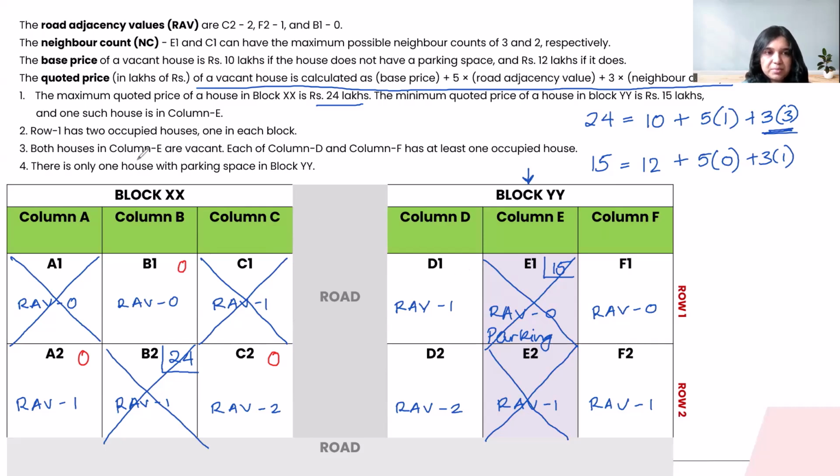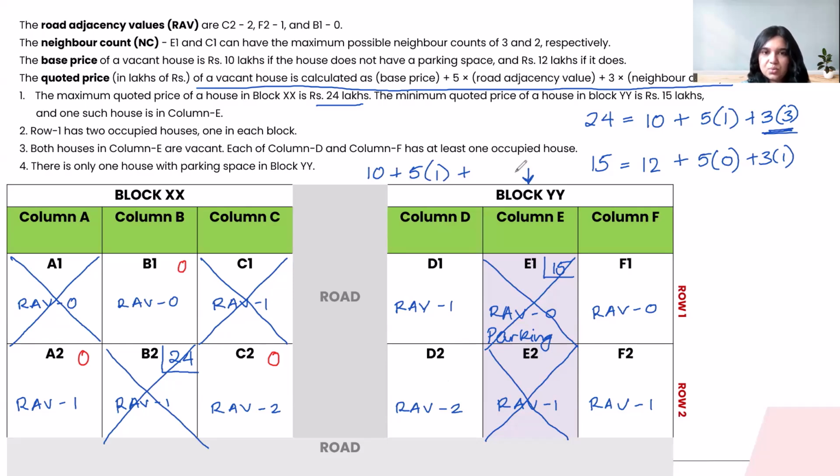This one is without parking because the only house with parking space in YY is E1, which we have already found out. So if D1 is without parking, D1's base price starts with 10, plus it has an RAV of 1, plus it might have one or more neighbors. The occupied neighbor could be D2, or it could be 0. D2 could either be vacant or could be occupied.